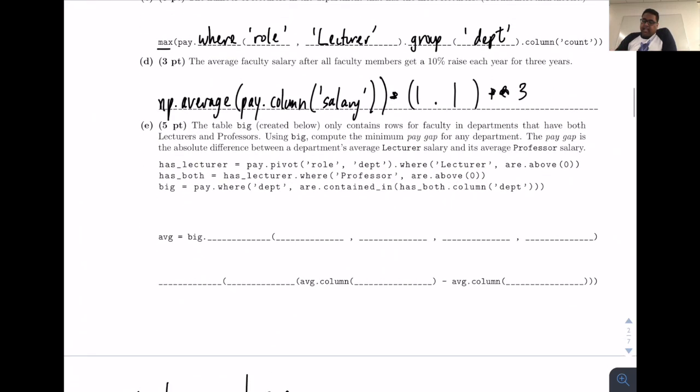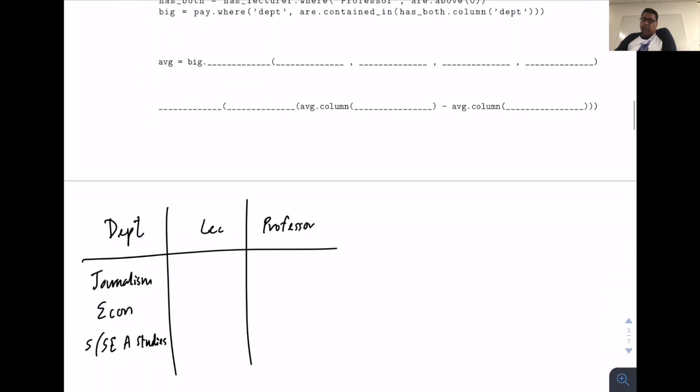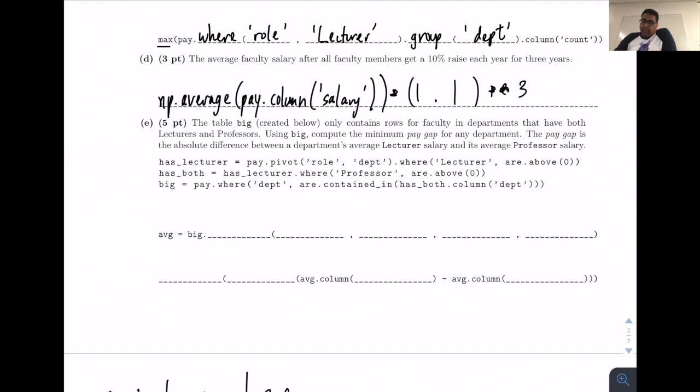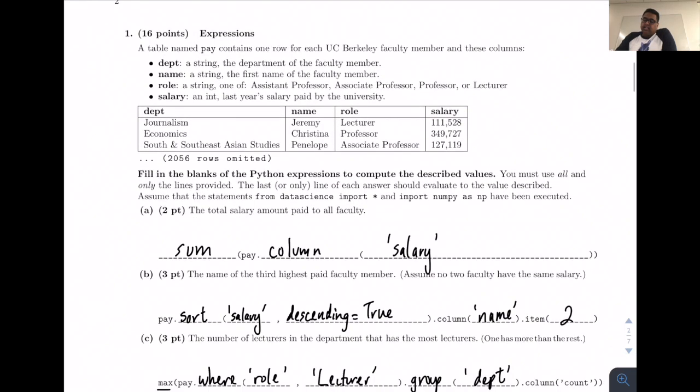And lastly, we have part E. As you can see, I started to kind of work on it a little bit down here. But what it tells us is the table big created below only contains rows for faculty and departments that have both lecturers and professors. So you can see here it's possible for some departments to only have associate professors. Like we can imagine a case where that happens. Or for some reason a department only has professors and not lecturers.